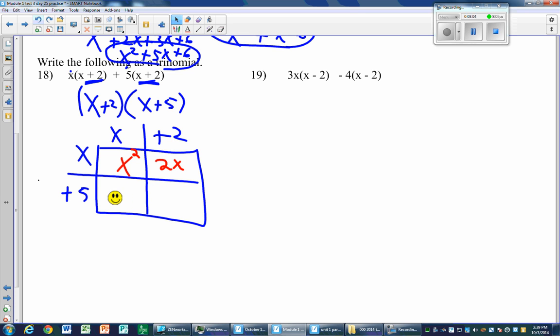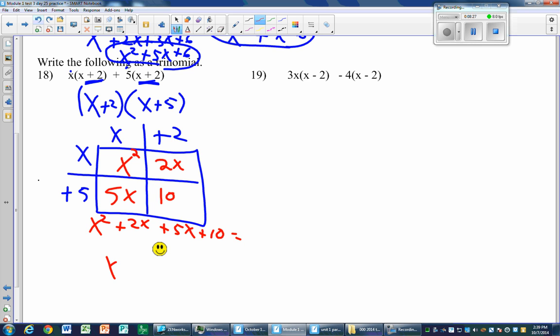What goes in this block? 5 times x. What goes in this block? 5 times 2. So now we just write down our x squared plus 2x plus 5x plus 10, which is the same as x squared plus 7x plus 10.